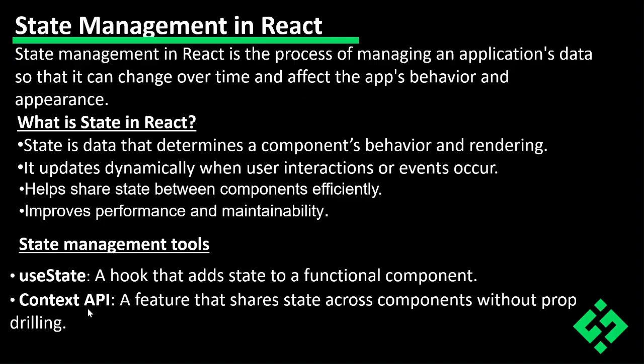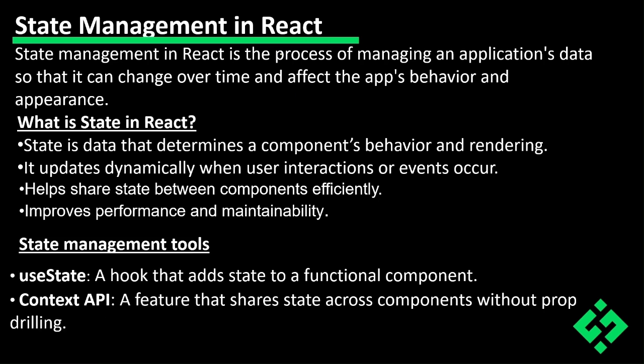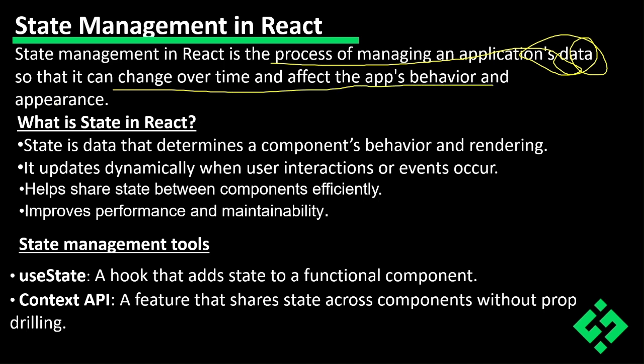State management in React is the process of managing an application's data so that it can change over time and affect the app's behavior and appearance. I think these words are self-explanatory, but let's try to understand what it actually means.